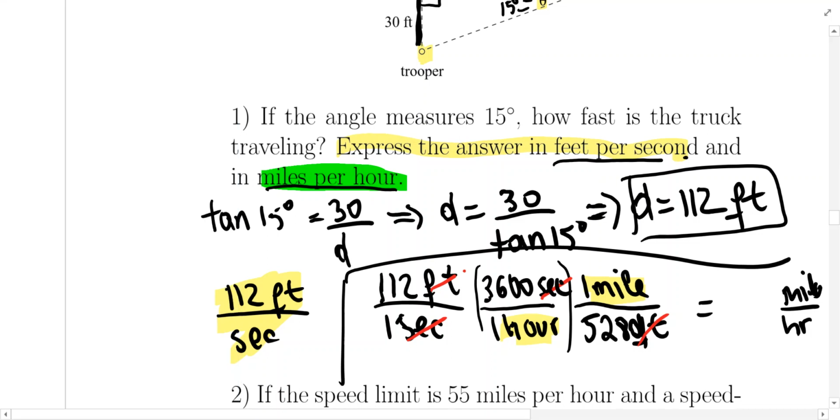That gives 76.36. So this is how fast this truck is going in miles per hour. Pretty fast, right?